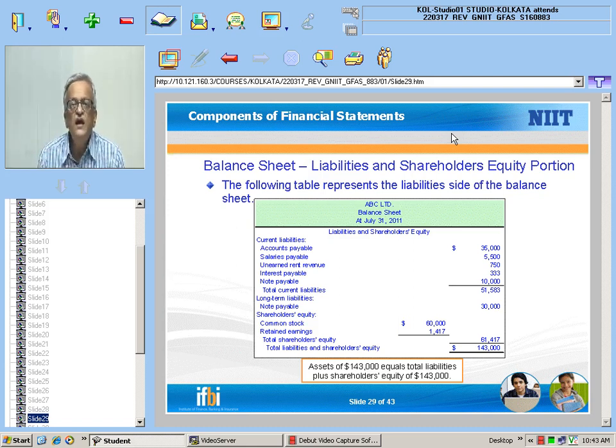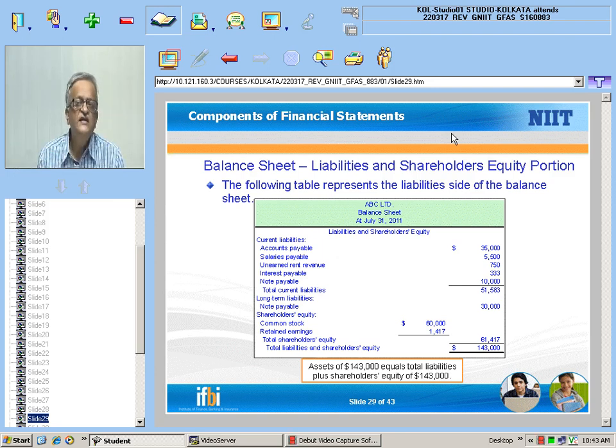Then long-term liabilities, note payable 30,000, equity: common stock plus retained earnings 61,417. So the total comes to 143,000.